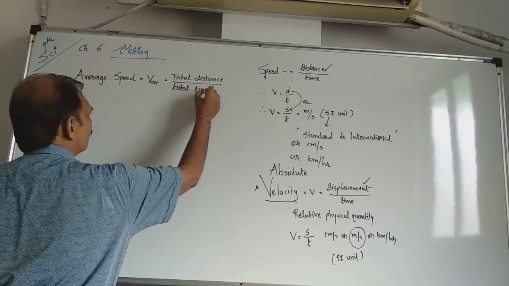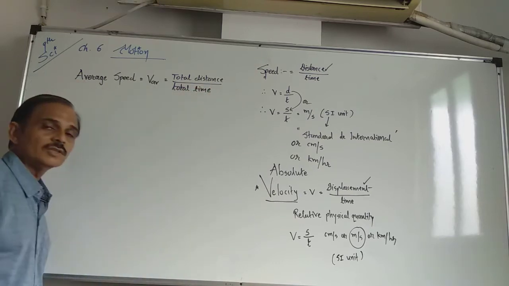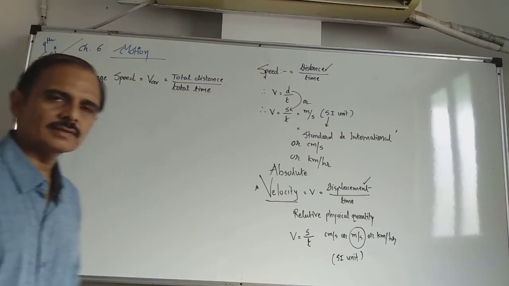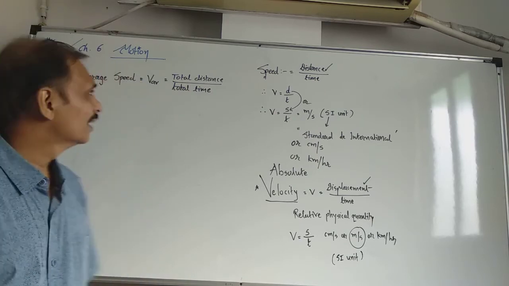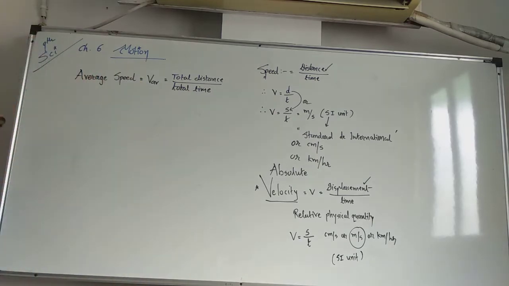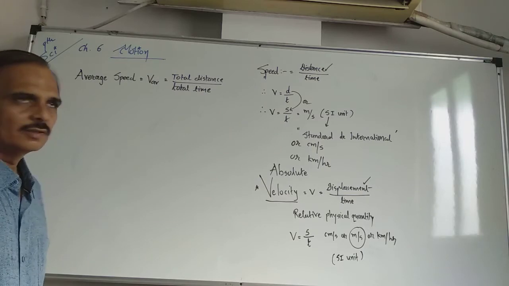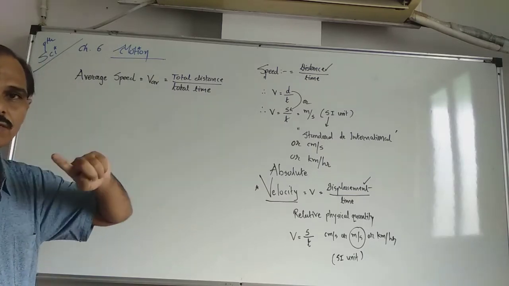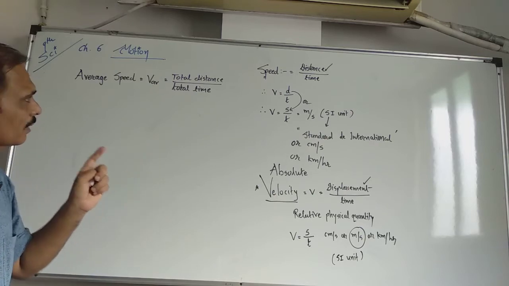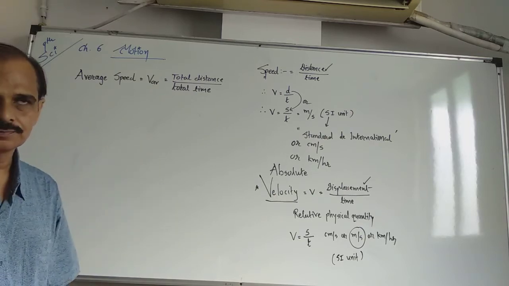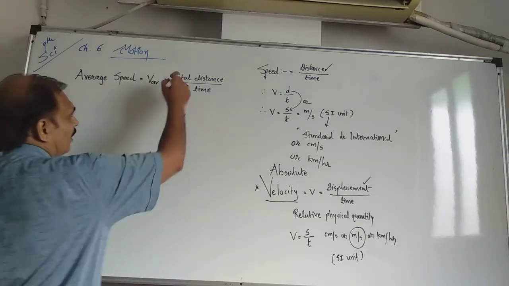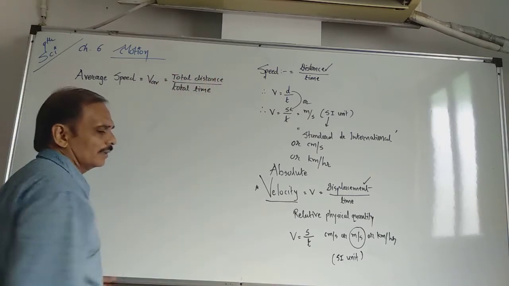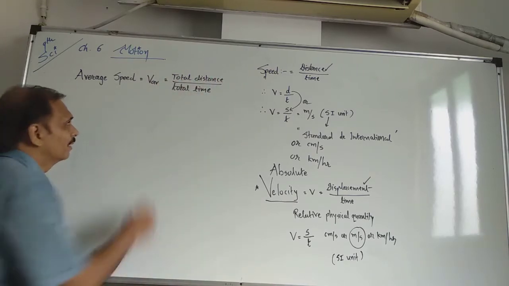You have to remember the formula because it is necessary for numericals, and for derivations also. The first two letters of average, AV. The definition is total distance upon total time: to cover the total distance, how much time is taken? That is called average speed.